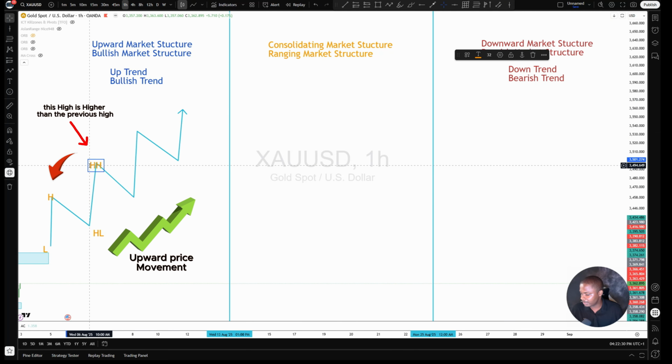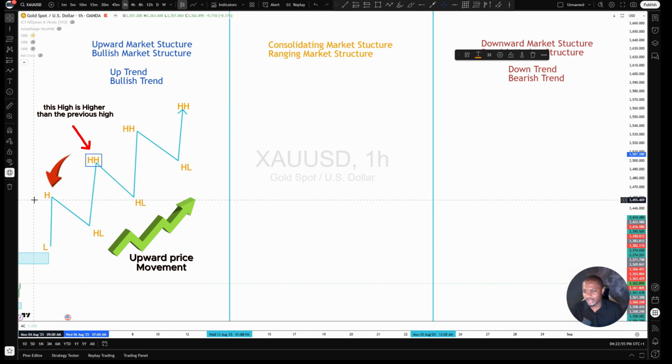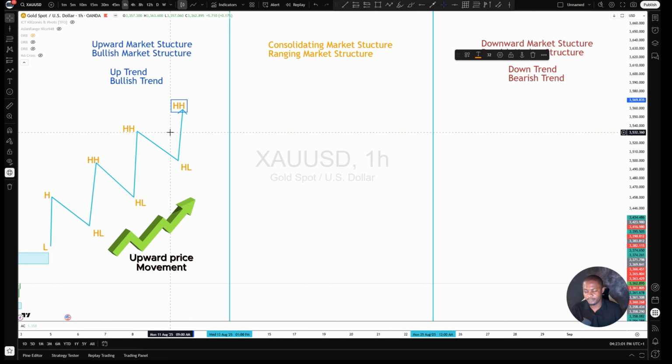So we'll mark all this faster. In an upward trend or a bullish market structure, price moves towards the upward direction, forming higher highs and higher lows. That is what an upward market trend looks like.